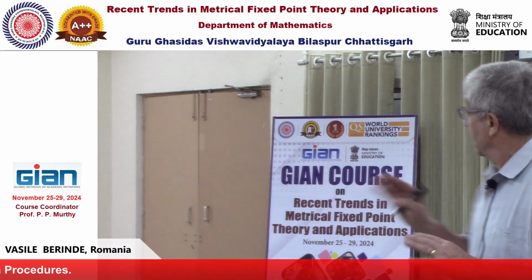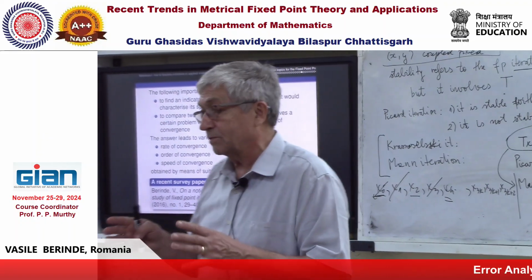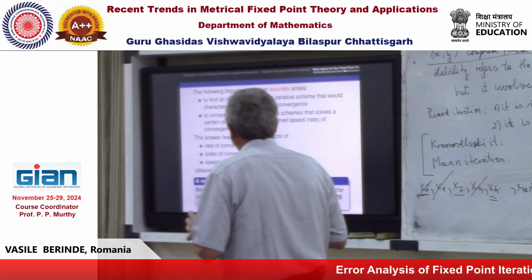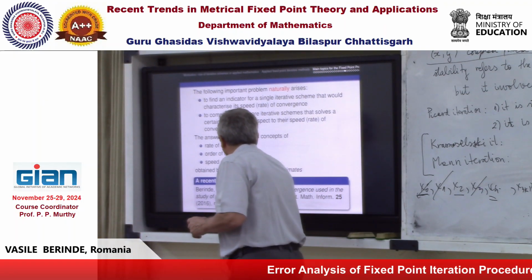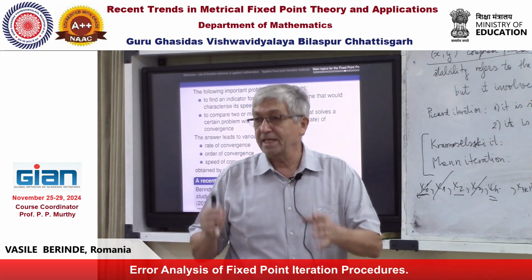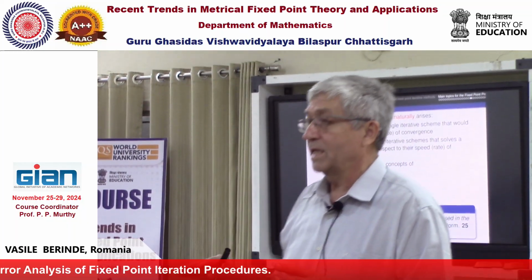So we should have some information on this rate of convergence. If it is possible, we should be aware of the fact that any fixed point iterative method has a linear rate of convergence. So it is not fast enough.